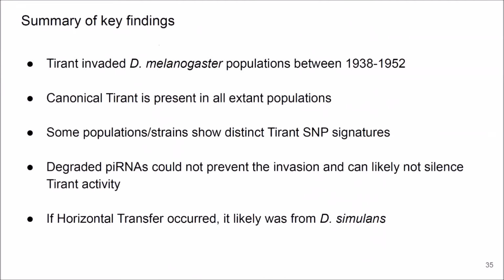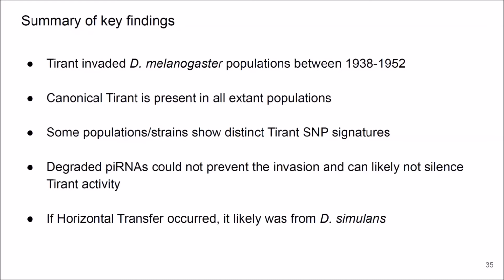So finally, I want to summarize the key findings from this first part of my talk. We have seen that Tirant has invaded the Drosophila melanogaster populations likely between 1938 and 1952. Canonical Tirant is present in all populations found today. And we have some that show distinct SNP signatures for one reason or another.